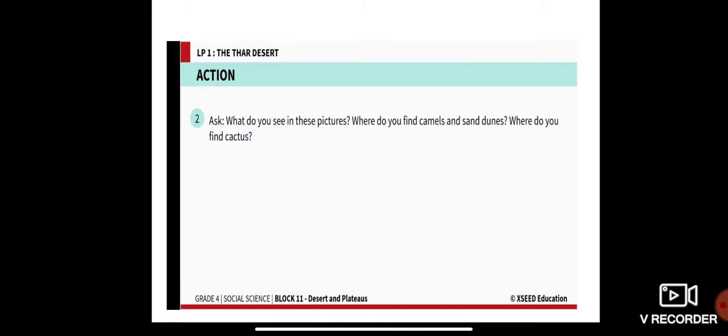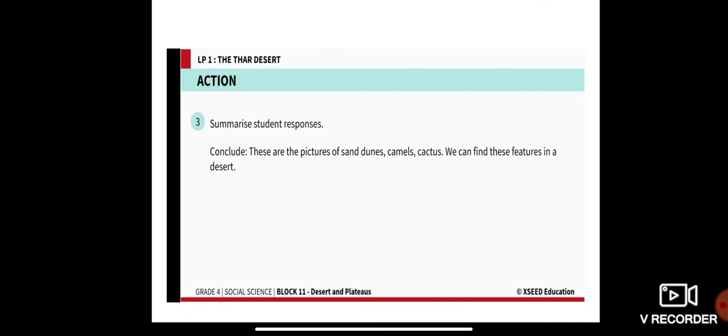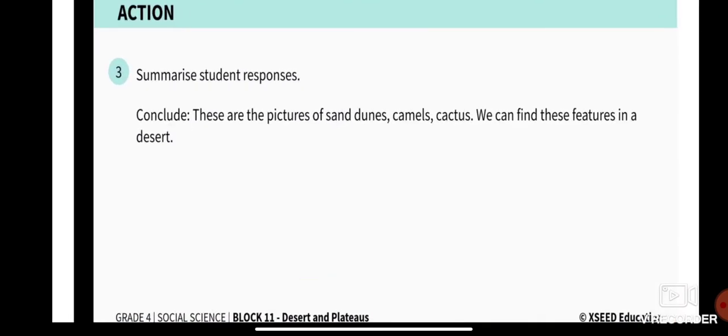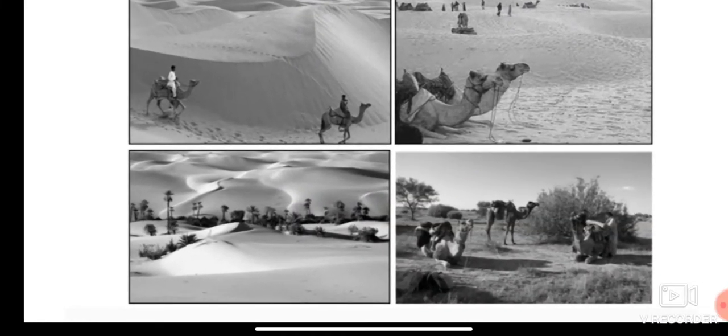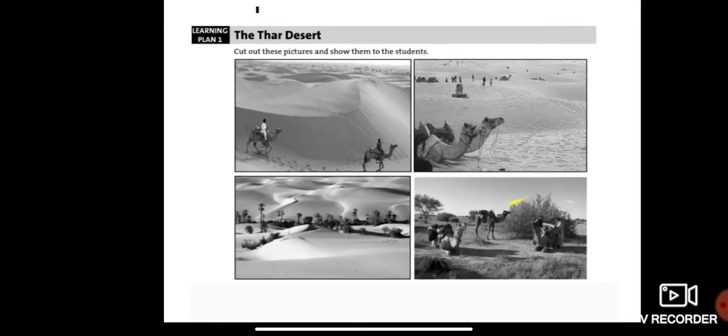Please listen carefully. These are pictures of sand dunes, camel and cactus. We can find these features in a desert. So camels, sand dunes and cactus, you will find in a desert.